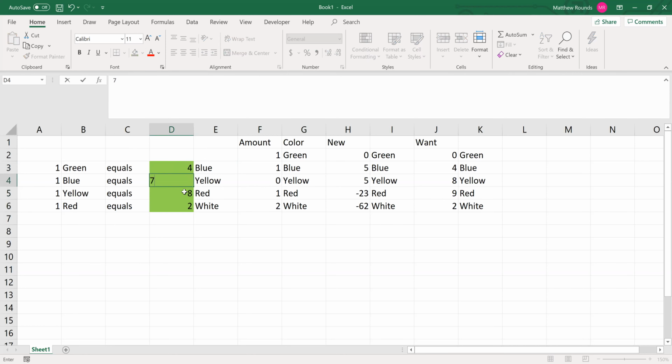Let's go 7. Seems like it's getting worse. 2.